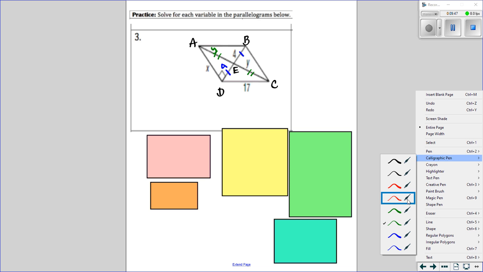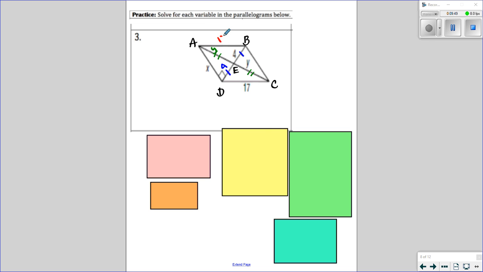So I'm going to put this in red. So this is 17. This is also 17. This is X. So I'm just going to put X and then find out what is going on with that one.